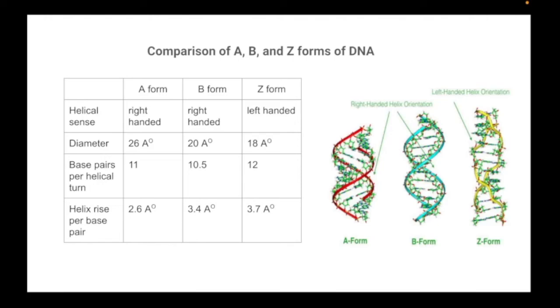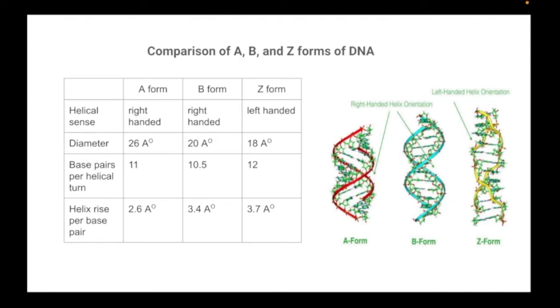left-handed. The diameter of A form of DNA is 26 angstrom, B form of DNA has a diameter of 20 angstrom and Z form of DNA has a diameter of 18 angstrom. There are 11 base pairs per helical turn in A form, 10.5 base pairs per helical turn in B form, and 12 base pairs in Z form.